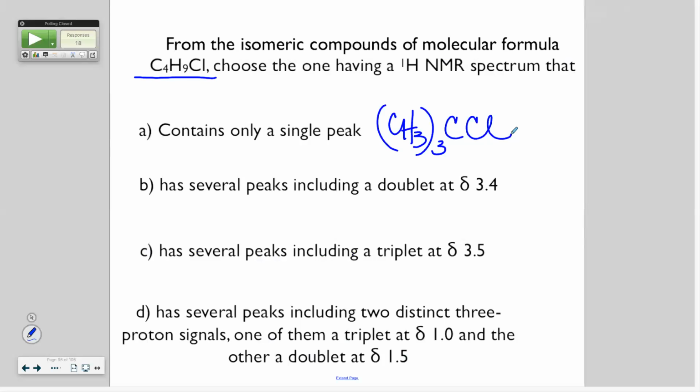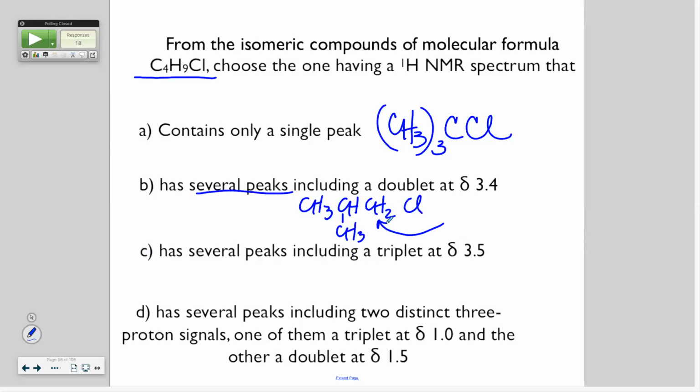This one? Which one? Do you think this doublet is at over 3? No, it's not. Or this doublet? It's this one because this one is next to the chlorine. So it shifted farther. It says several peaks. It's not saying it's the only peak. That's all they're giving you. This is the doublet at 3.4.